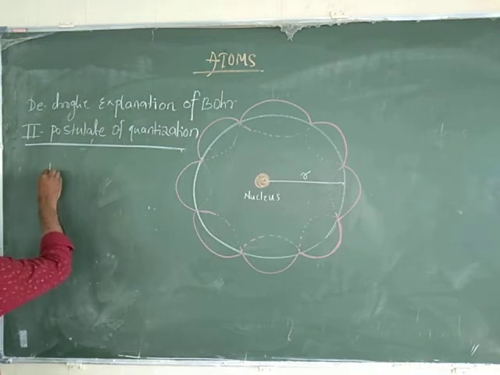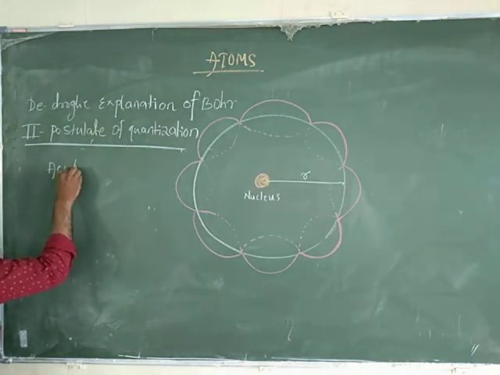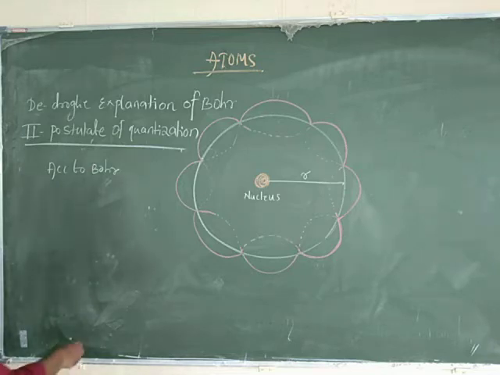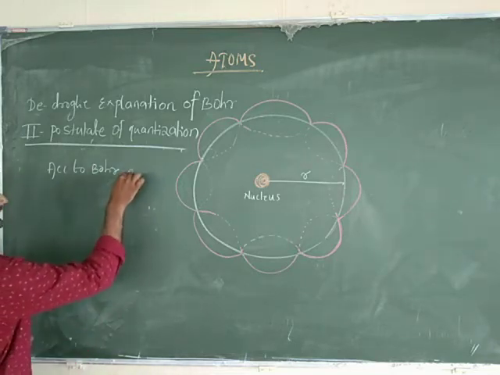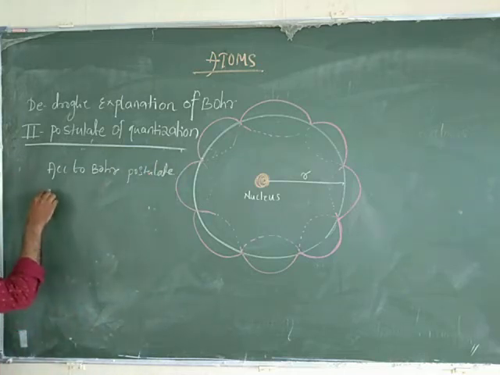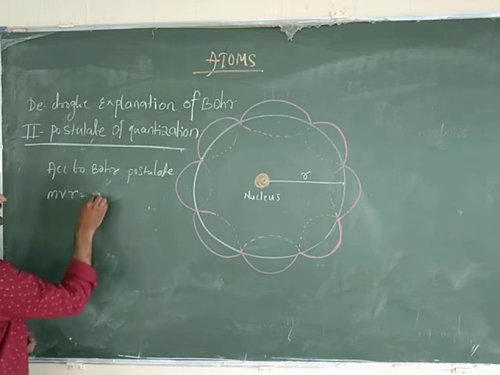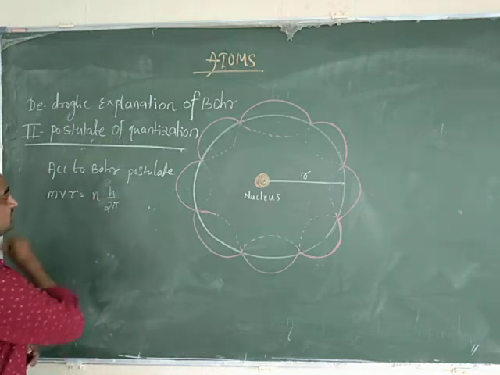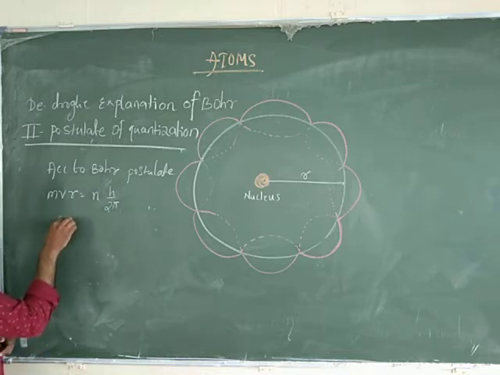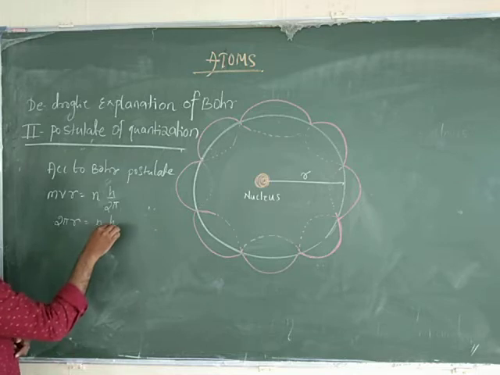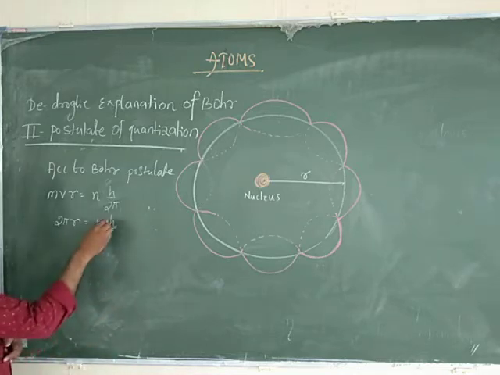So we know that according to Bohr's second postulate of quantization of angular momentum, what we have to write here? mvr is equal to n into h upon 2 pi, or we can write 2 pi r is equal to n into h upon m into v.